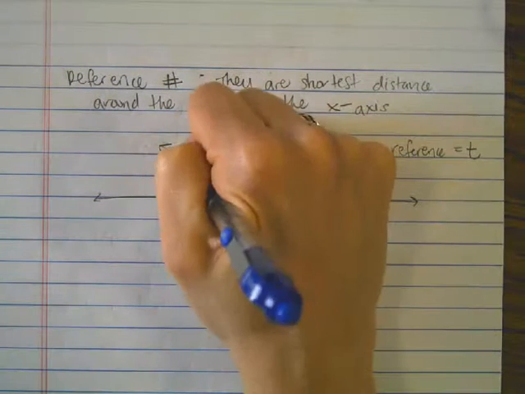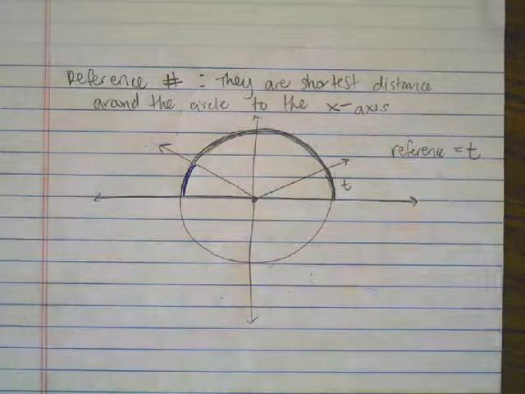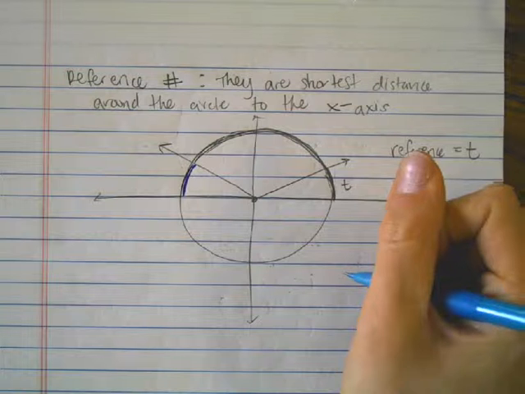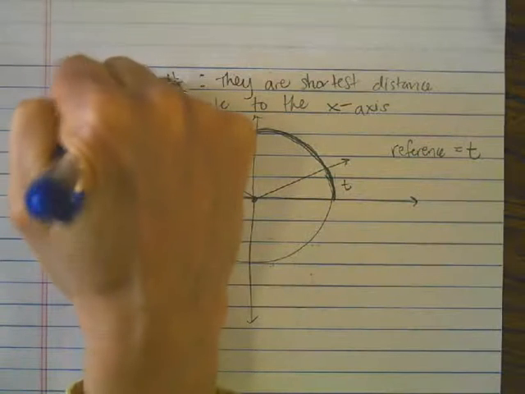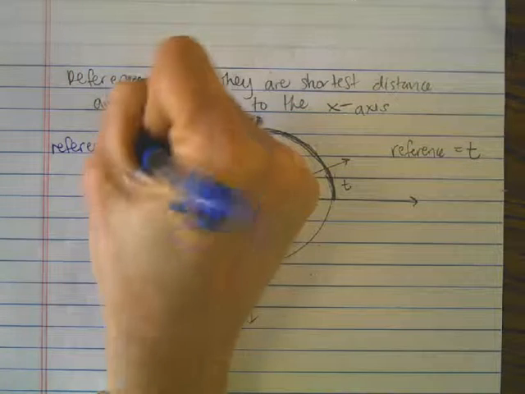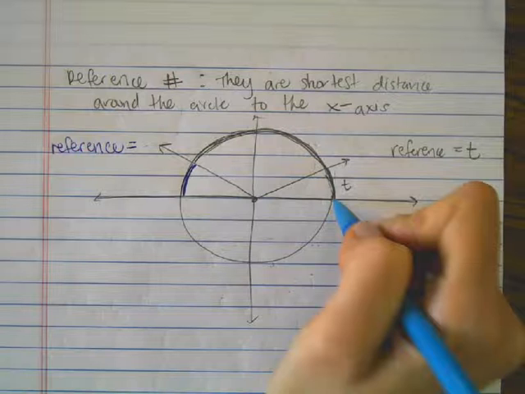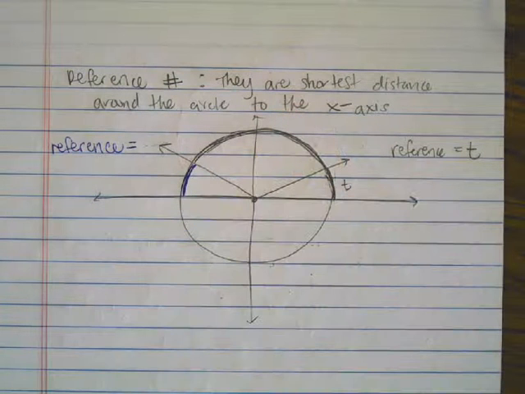Correct? So, to get the blue area, which is the reference, the gray plus the blue equals how much around the circle? How much is half a circle around that circle?